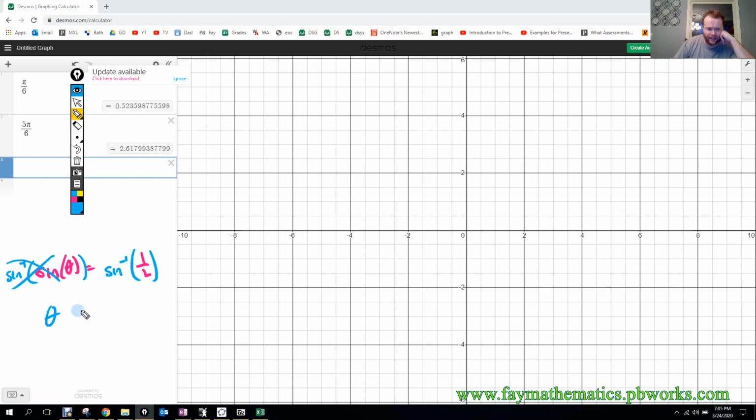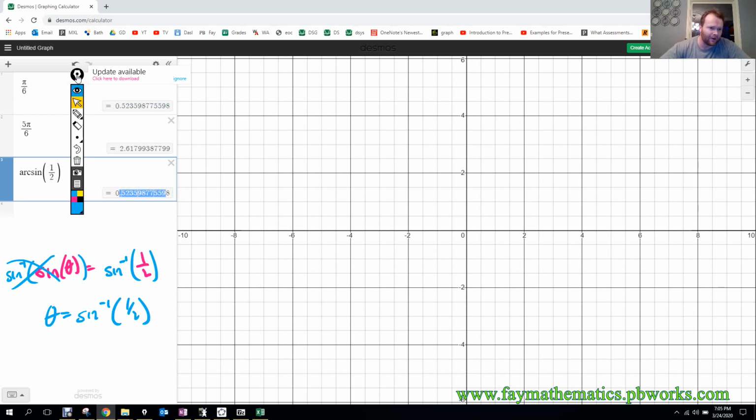Those are going to go away, give me theta, and I figure out what this is. So I'm going to type in sine inverse of 1/2. Remember, arc sine is the same thing, so arc sine of 1/2. And we see that it gives the same decimal as up here, which was pi over 6.